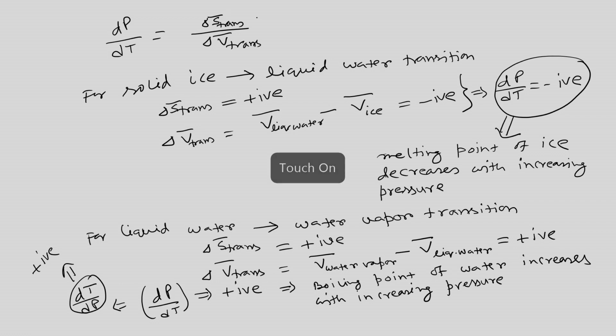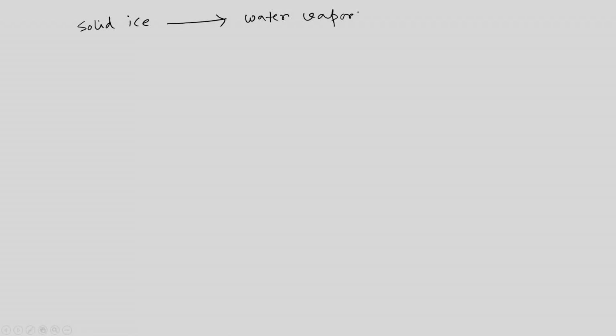Very good. Now, we will consider the solid ice to water vapor transition. For this case, delta S transition is again positive, because solid ice goes to water vapor. Okay. So, chaosness increases. What about delta V?